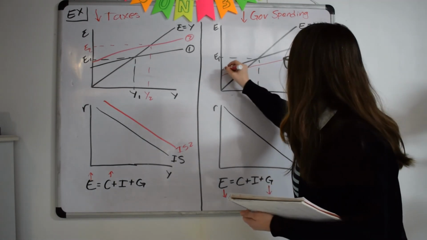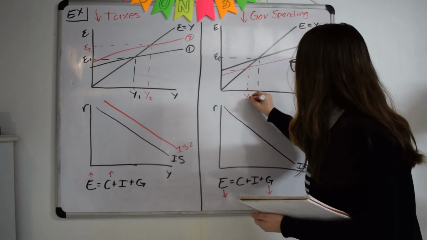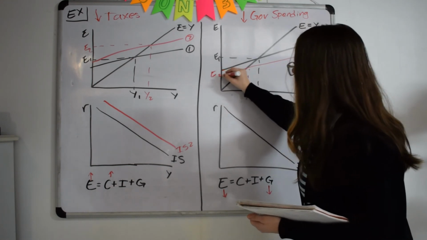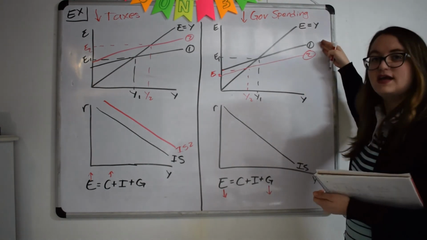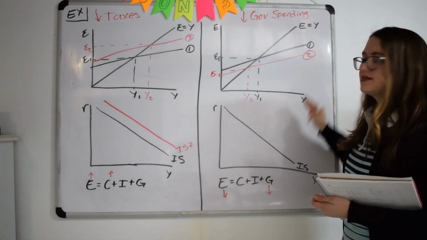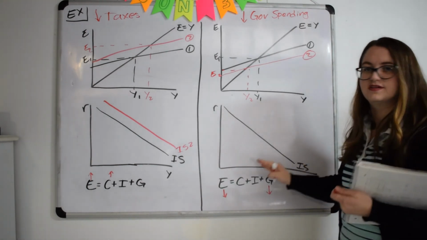Okay, so we're going to see a new equilibrium at Y2 and E2, and like I said previously, if the expenditure curve shifts down, the IS curve is going to shift to the left.